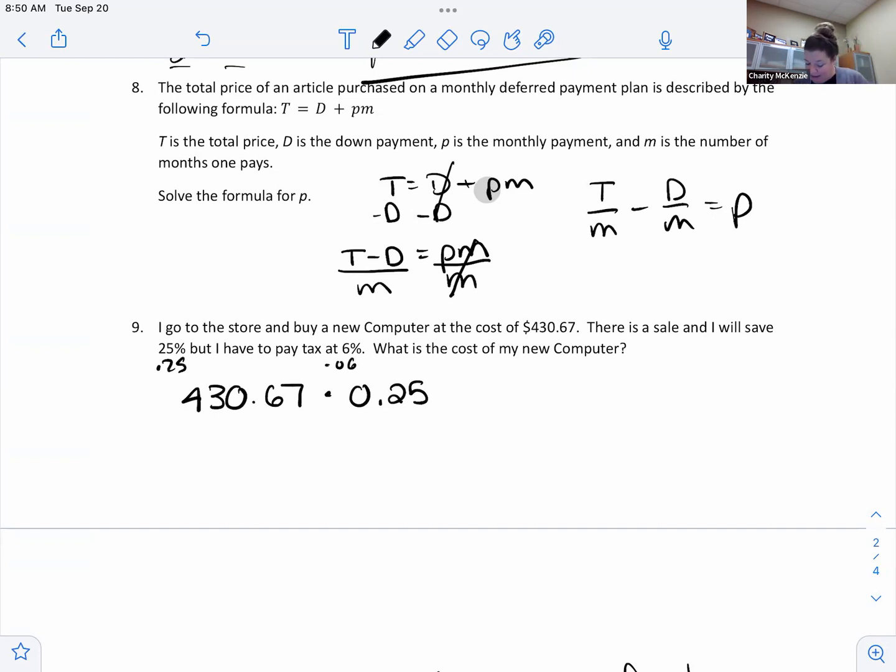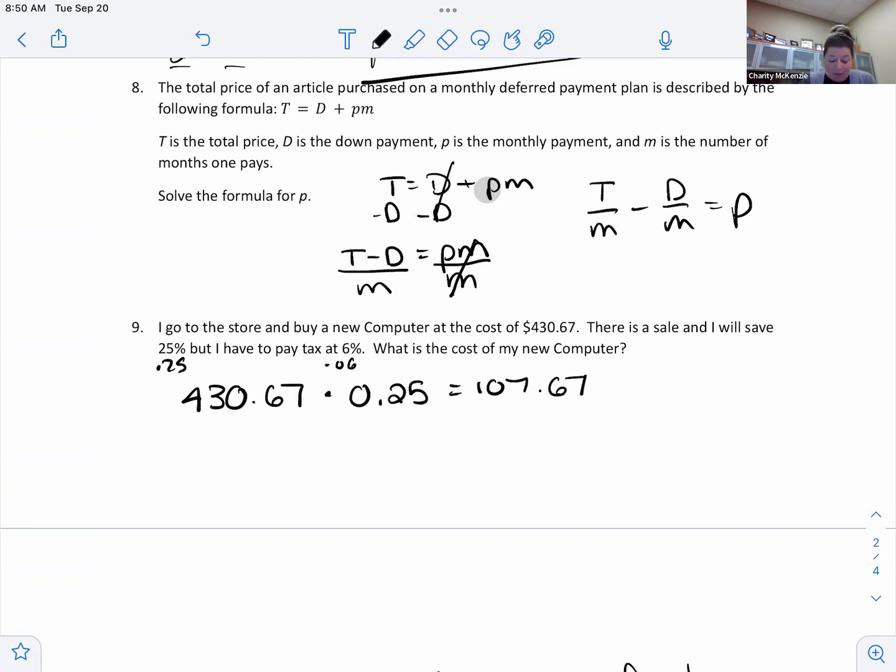So I'm going to get out my calculator and take $430.67, times it by the 25%, and round to the nearest cent, and so that's 67 cents. So $107.67. So remember, I was at 86 and I had to add another 20. That's about 107. Okay, so that's what we save.